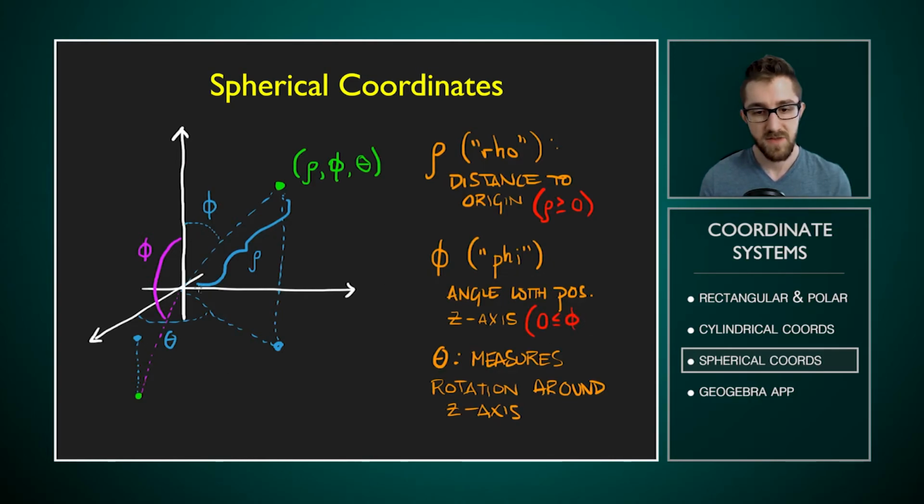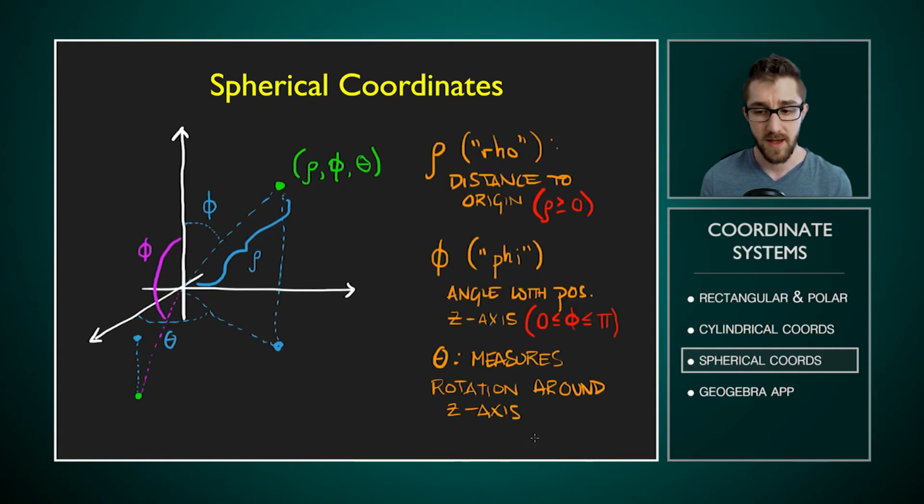And the largest phi can be is when the point is on the negative z-axis, in which case the angle would be measuring all the way from the positive z-axis to the negative z-axis, which would be an entire 180 degrees or pi radians. So phi is always an angle between 0 and pi.